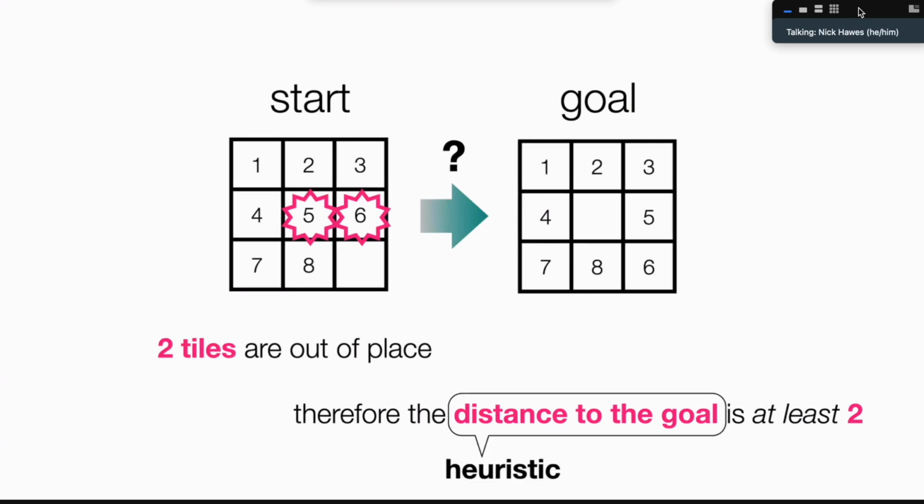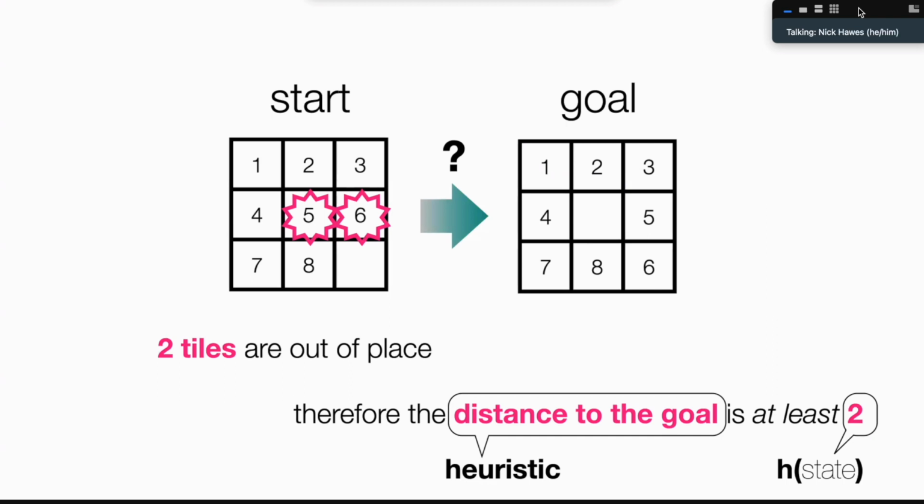And this function that's returning an estimate of the distance to the goal is what we'll call a heuristic. And the heuristic is something which is calculated from the state information. So the heuristic is the distance to goal. And when we think about this in a search algorithm, we're going to apply this heuristic function, which we're going to call h, typically.